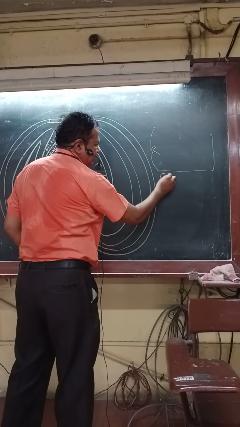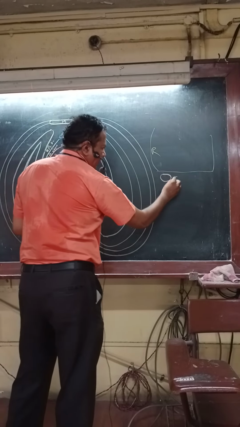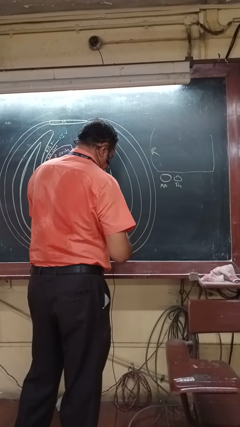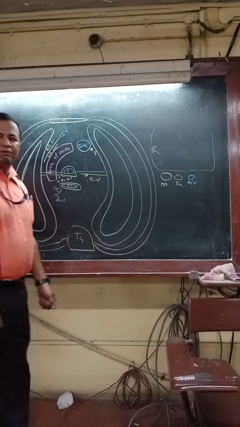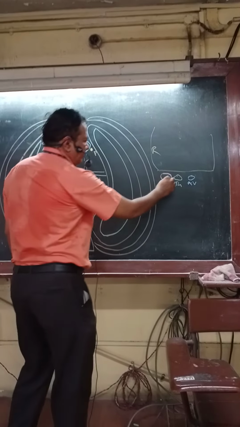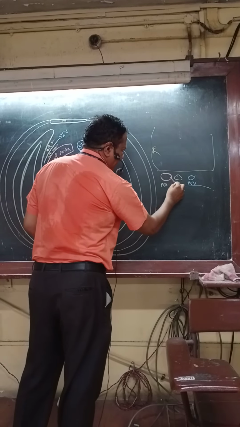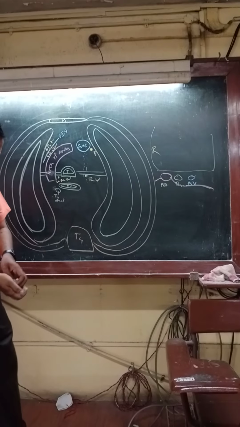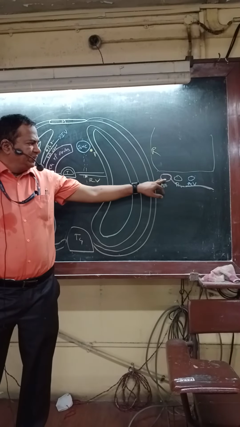There is the descending aorta, thoracic duct, azygous vein. Only three structures. Okay, and arising from the aorta will be the posterior intercostal arteries, the left and the right.